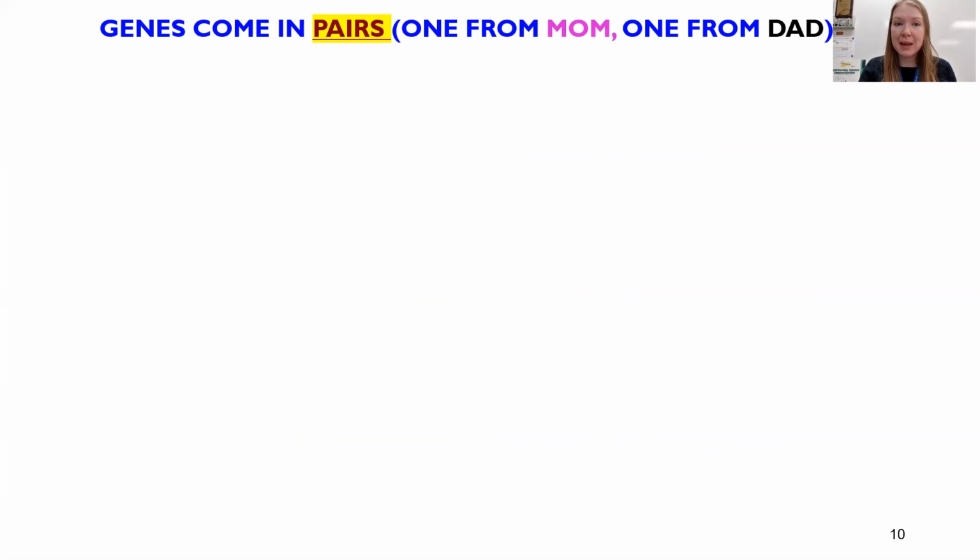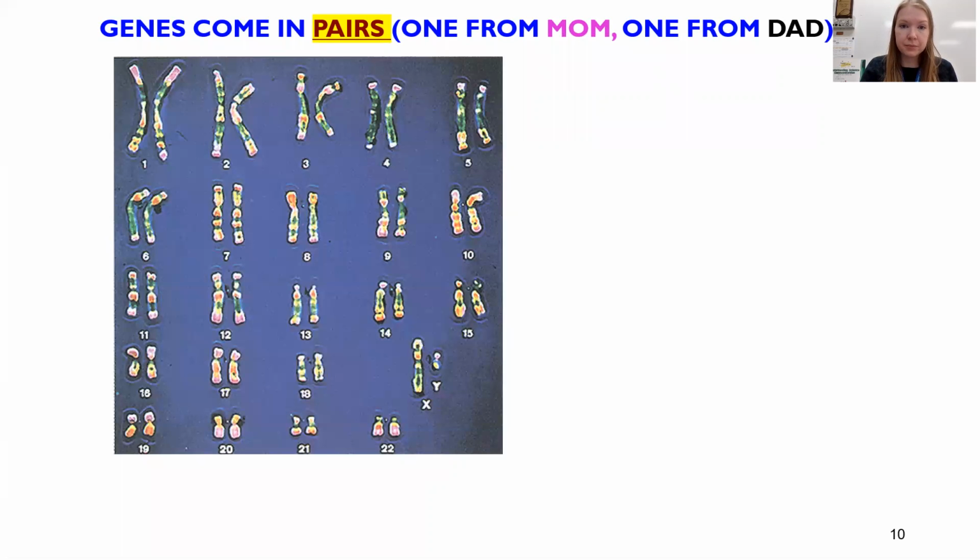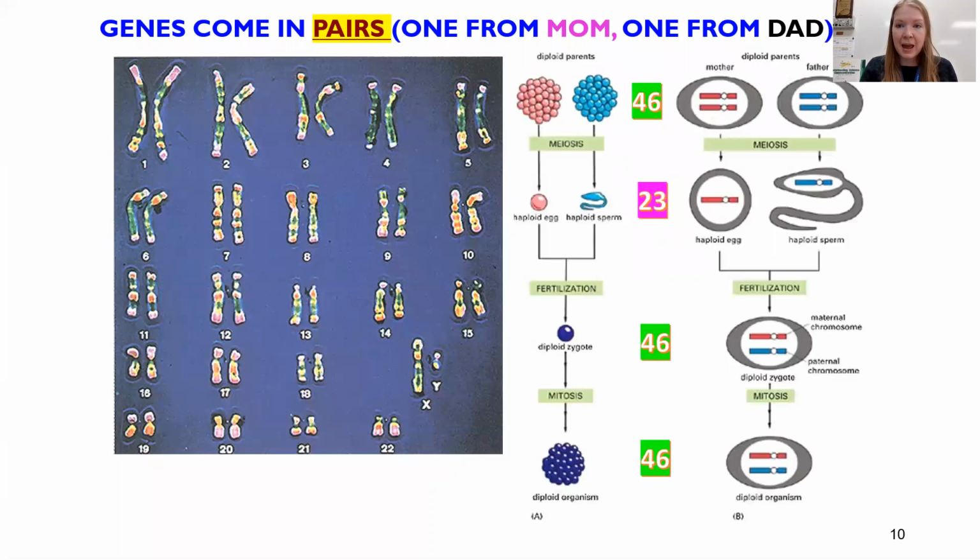And genes come in pairs. So we have 23 chromosomes from mom and 23 from dad to make up our total of 46 chromosomes. So therefore, that means we're going to have genes from your mom and genes from your dad. And this is because one sperm has 23 chromosomes and one egg has 23 chromosomes.